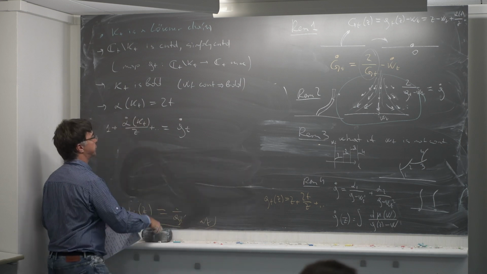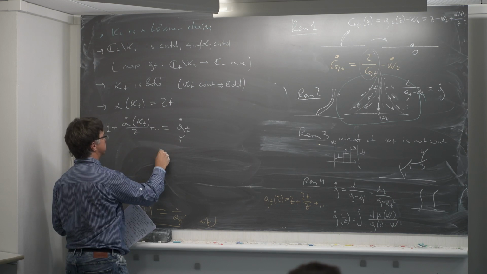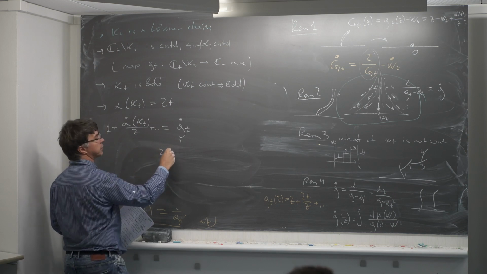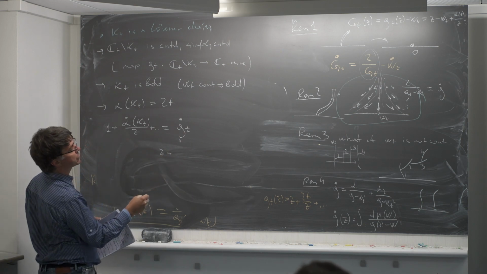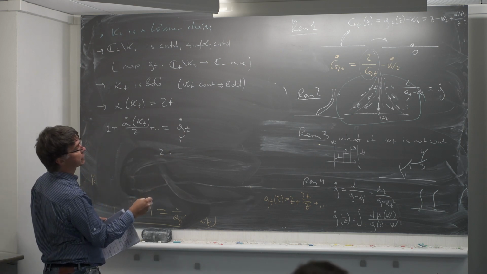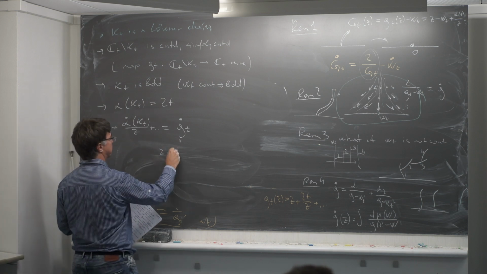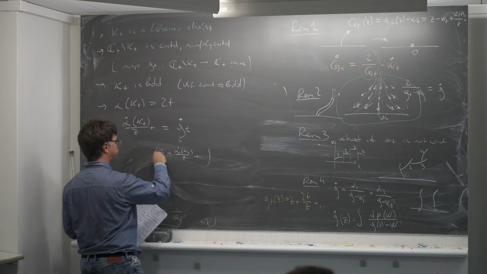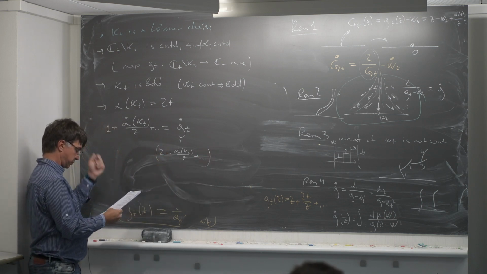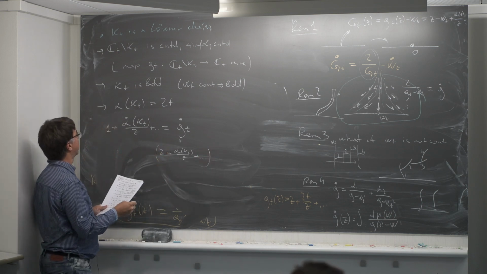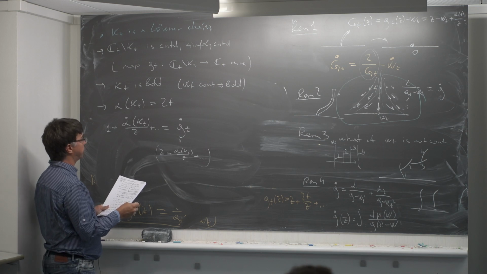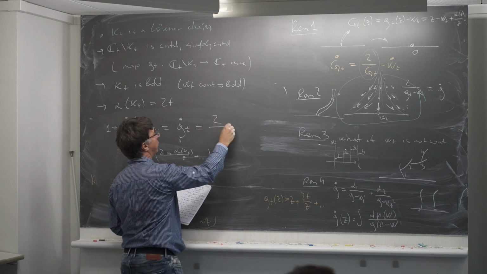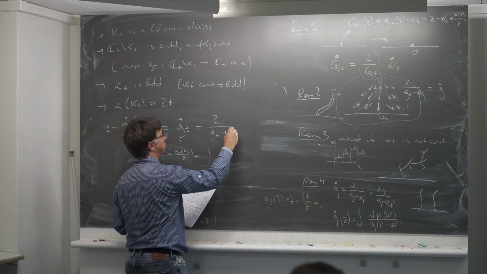Here I just use that g_t is z plus, what's the power series expansion of g_t? It's at infinity z plus alpha of K_t over z plus small order terms. And on the other hand, the time derivative of g_t is 2 over g_t minus w_t.